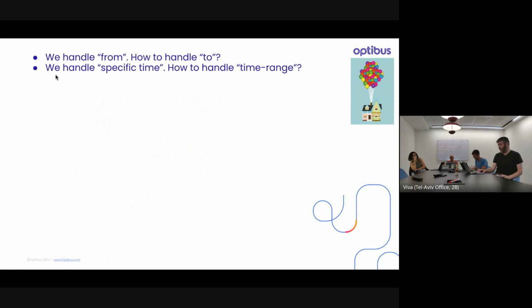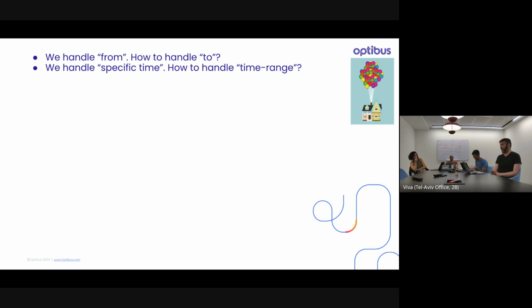And another thing, now we handle a specific time. It says, okay, I start at 10 o'clock or at 5 o'clock, the user gives a specific time. How do you handle a time range? Let's say the user wants to see the isochron between 7 to 10. Now it's not just how to calculate, it even includes many product questions.